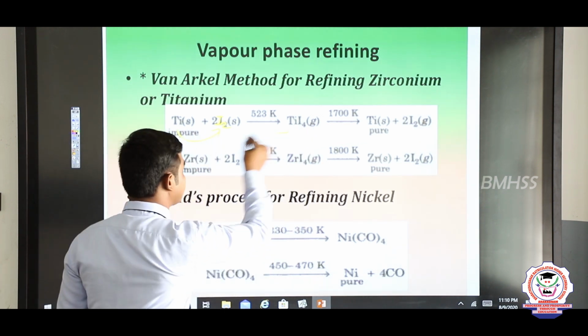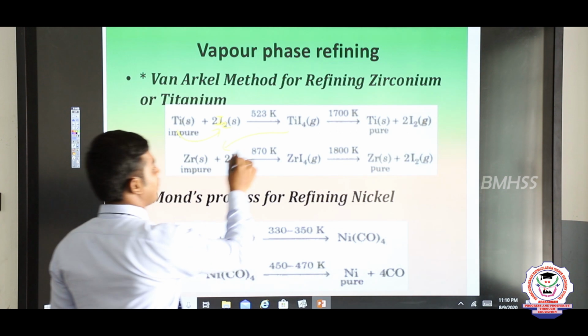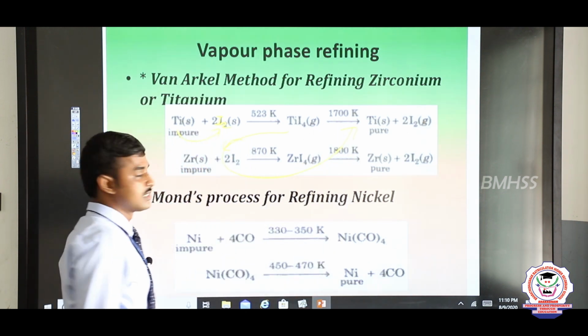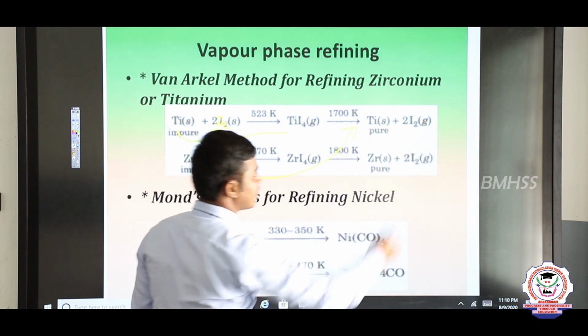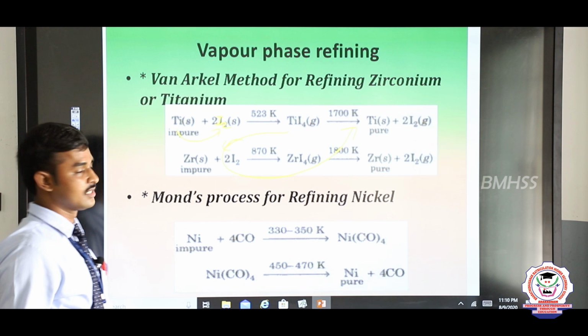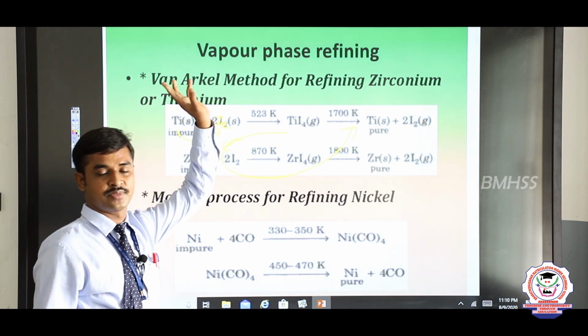At high temperature the titanium iodide decomposes, releasing the iodine, and finally titanium in pure form is obtained. So, this method is included in the vapor phase method.